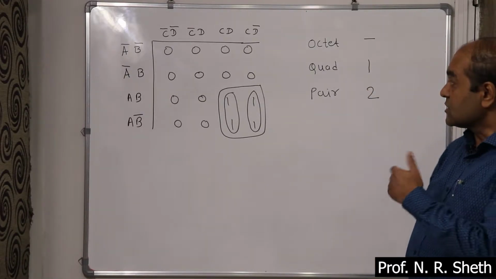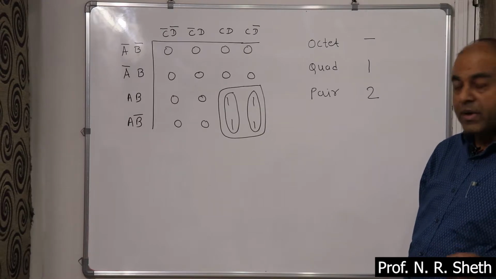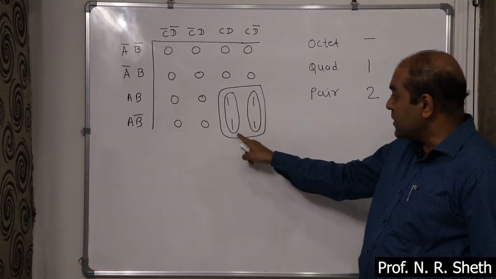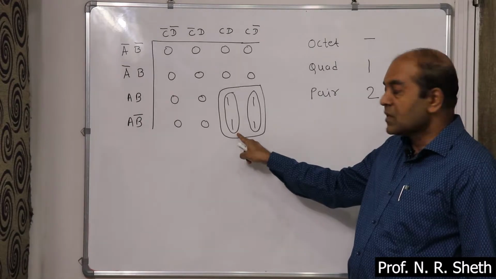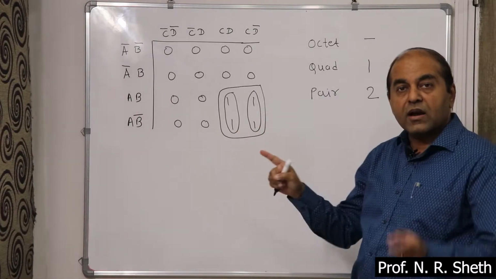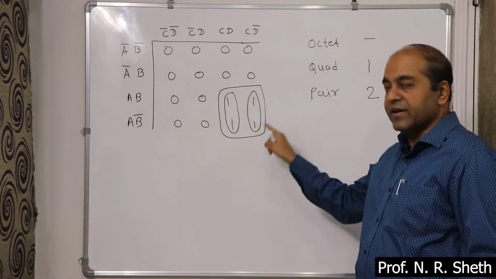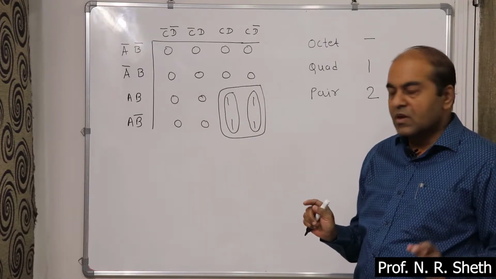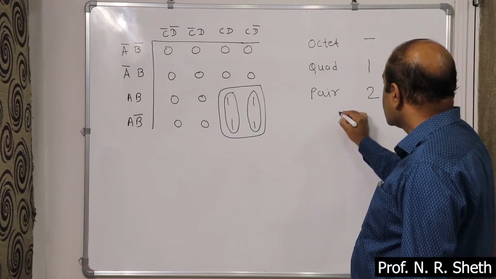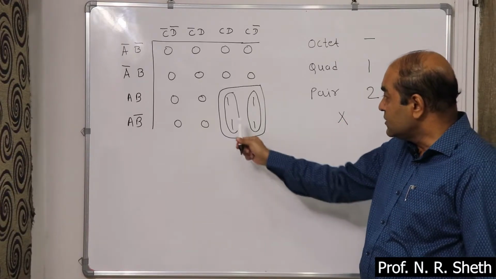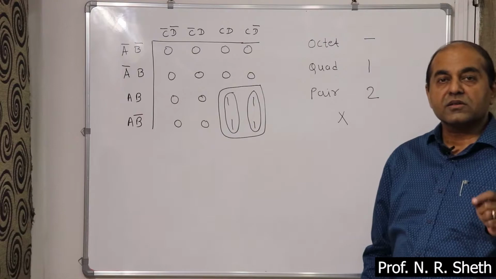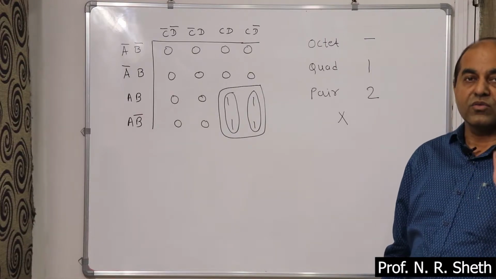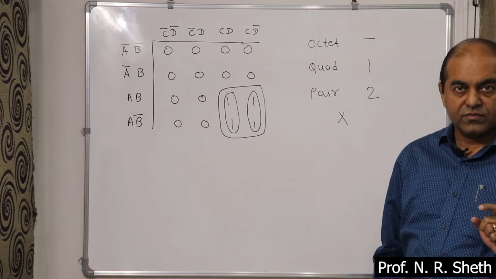No, definitely this is a wrong one, because this pair and this one are already part of this quad, so it's totally meaningless. So his answer is wrong, and these 2 pairs are said to be a redundant group, unwanted group.